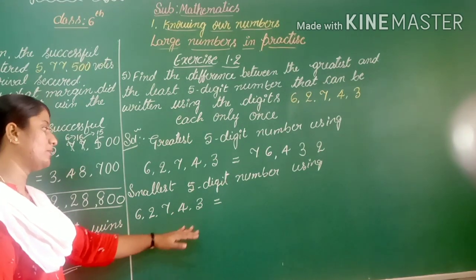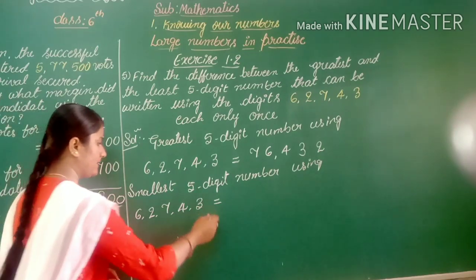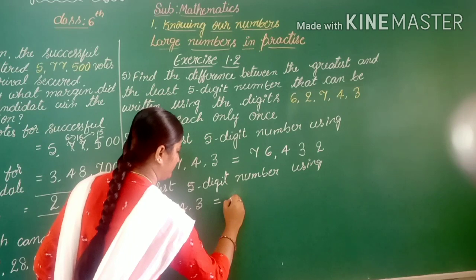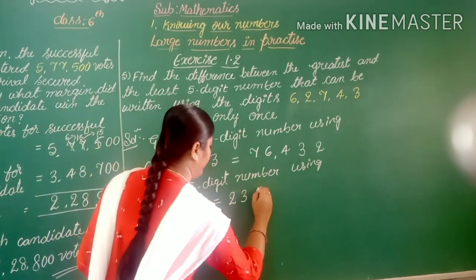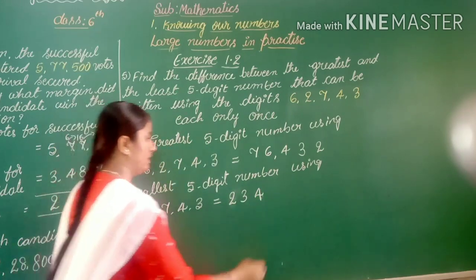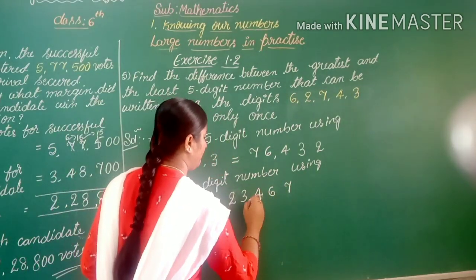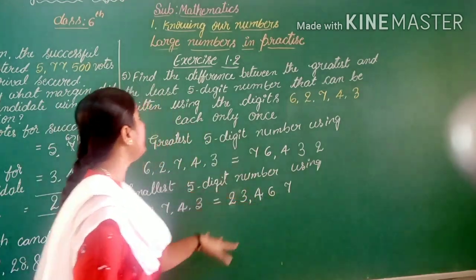When we write the smallest number, the smallest digit comes first, that is 2, then 3, 4, 6 and 7. That is 23,467.